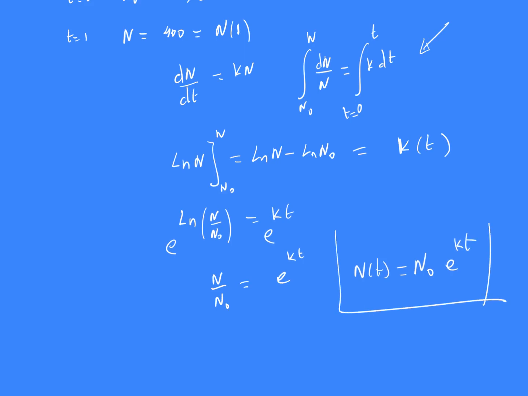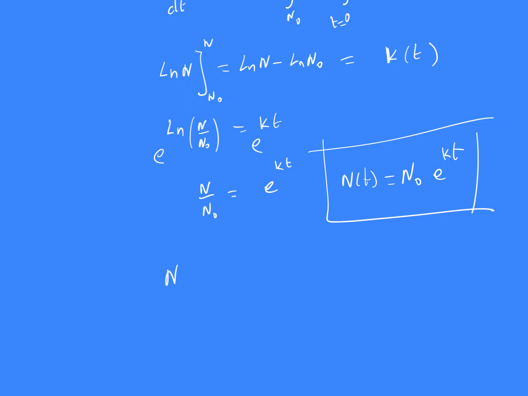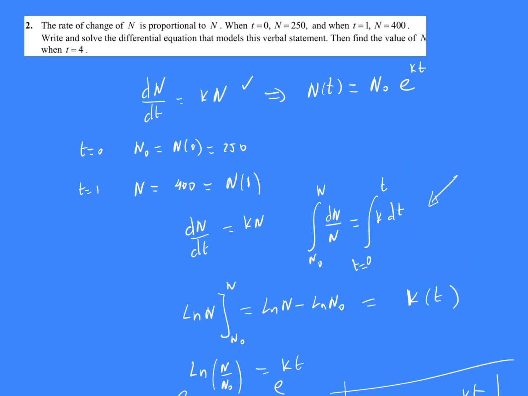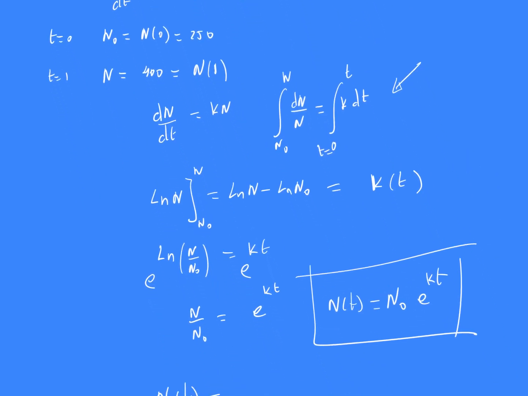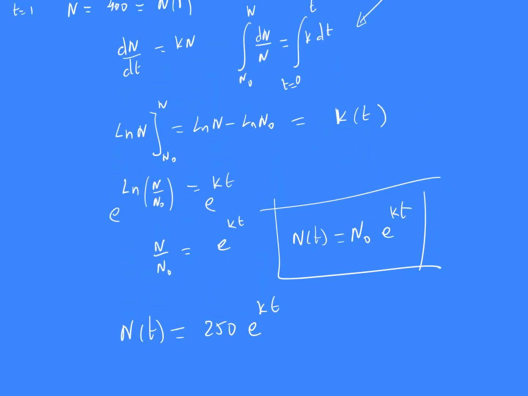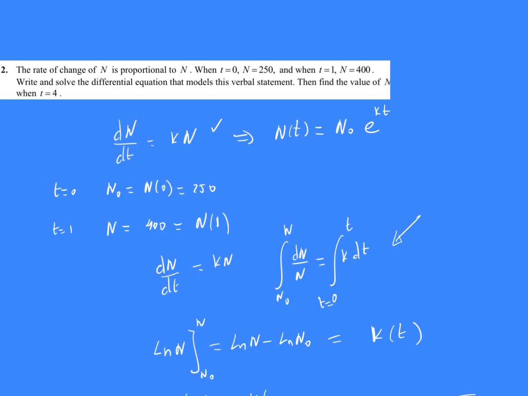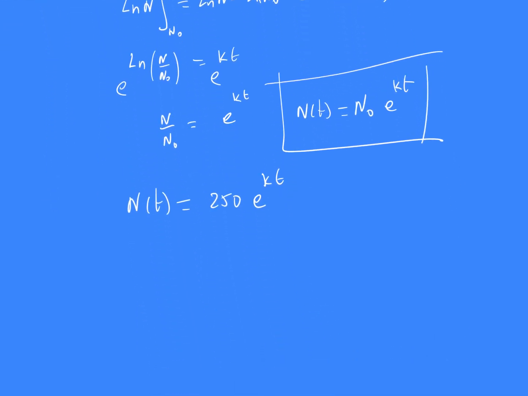So we have solved the differential equation, and now we have to write the equation. N0 is the initial amount of substance, that is 250, times e to the kt, but we don't know the k, but we know some information. We know that at t equal 1, N equals 400.